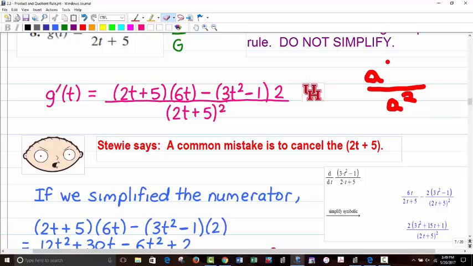They'll confuse the idea with this idea. Let me change it: if it was A times B over A squared, then you could do that. You could do this and this. But not with that subtraction right there, which is always going to be there in the quotient rule. So don't ever cancel those out.